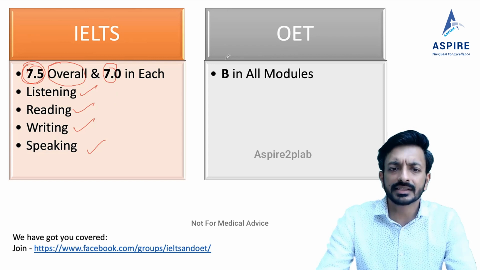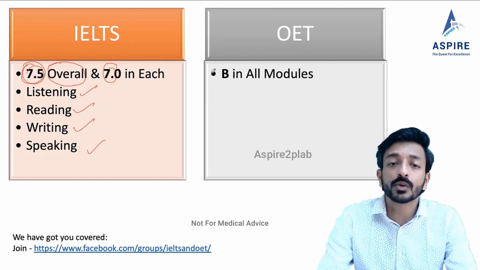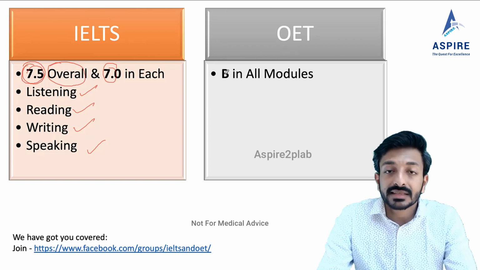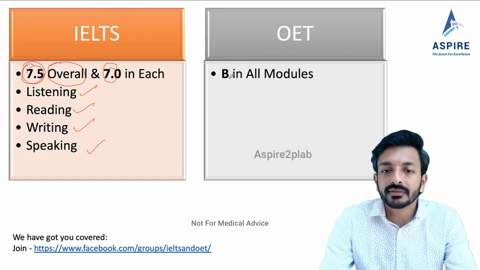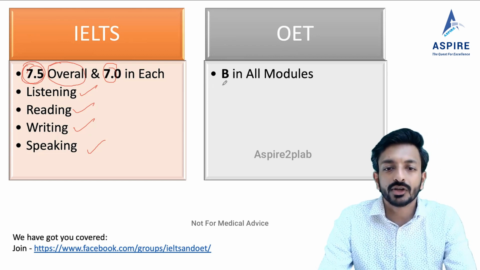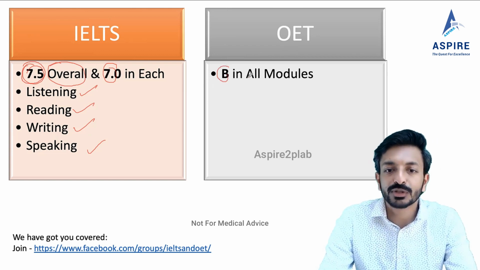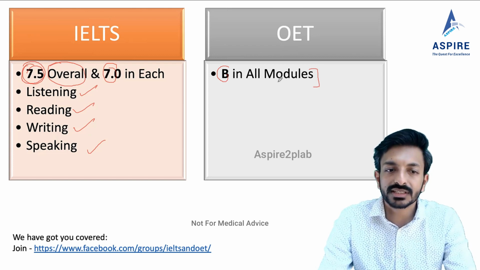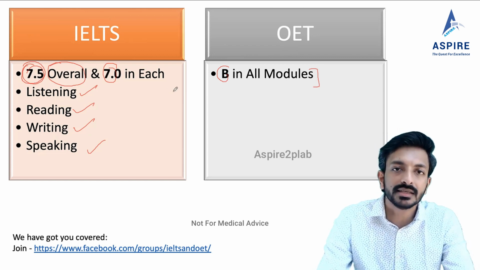But recently, as you know, they are accepting OET as well, the Occupational English Test, which is comparatively easier than the IELTS. Now lots of doctors are following this route, because we have to get a B in all the modules, which is comparatively easy.